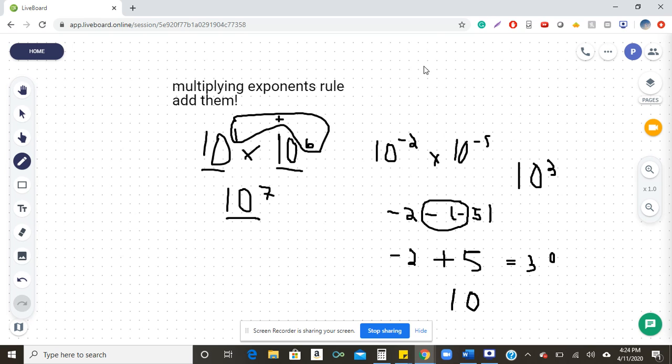Oh, sorry, add. You always add them. So negative 2 plus negative 5. I guess I did that wrong here, but let me redo this.